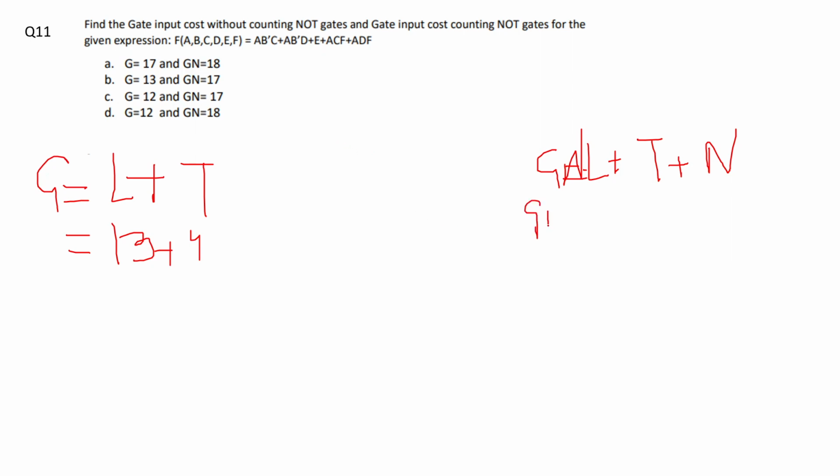And Gn is equal to the number of literals, 13, plus the number of terms, 4, and N is equal to 1 coming from this B complement. So here we have 18 and here 17. So G is equal to 17 and Gn is equal to 18. So option A.